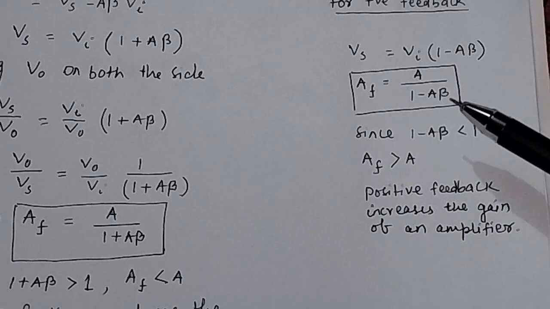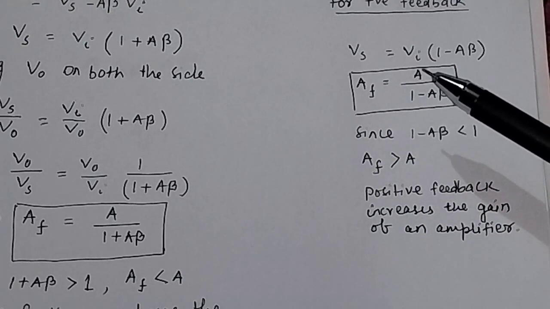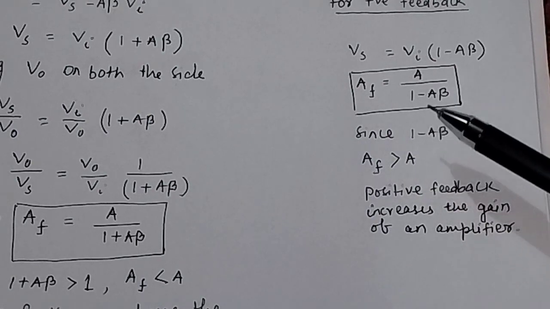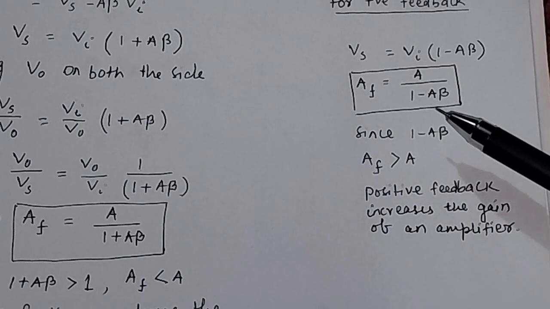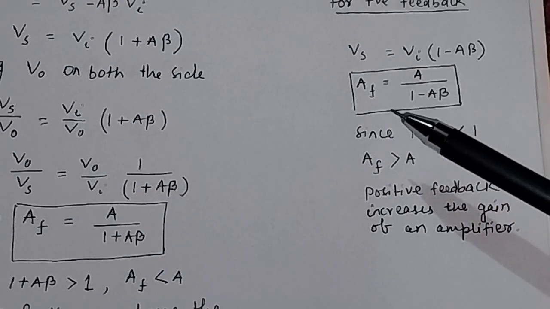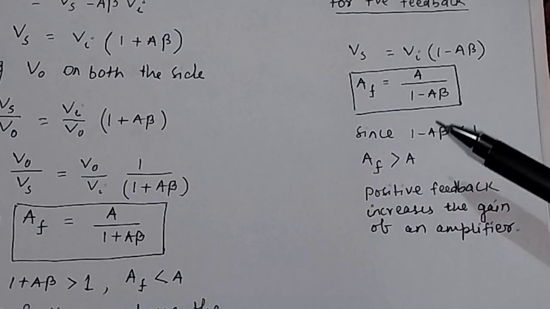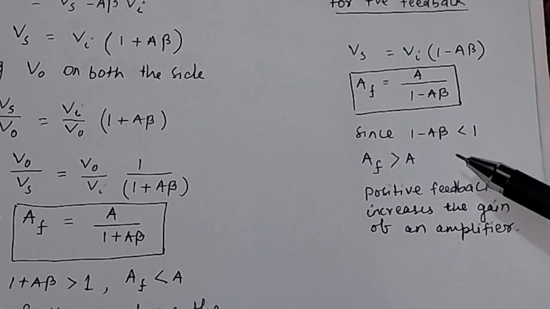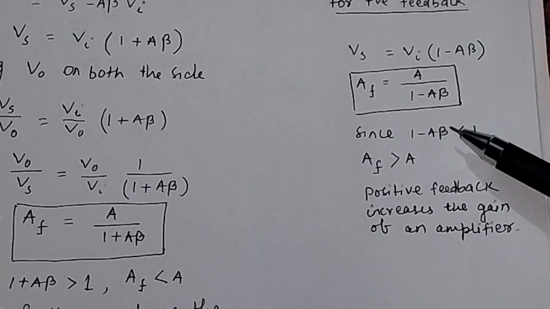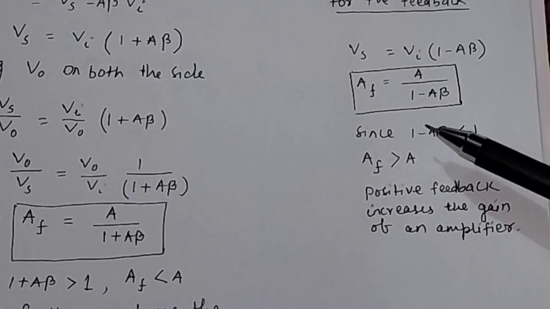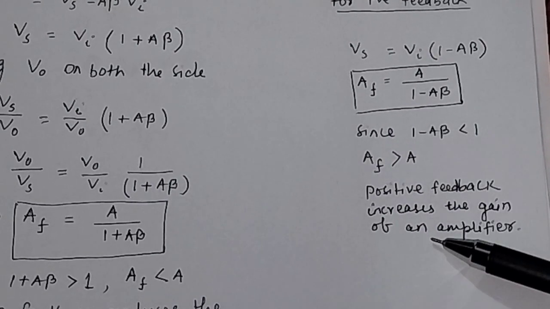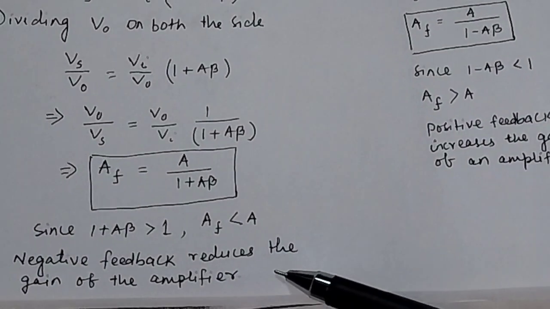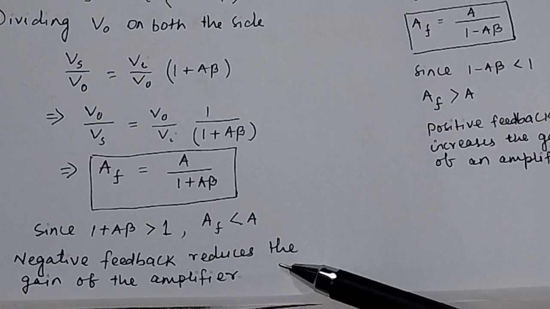If this is less than 1, then AF will be greater than A, because it is a fraction, so that will go to the numerator. So in case of positive feedback, the gain of the amplifier increases, but in case of negative feedback, the gain of the amplifier is reduced.